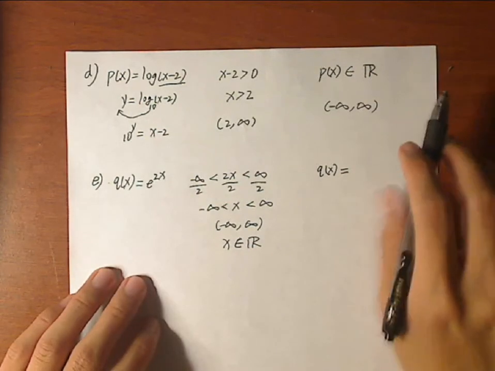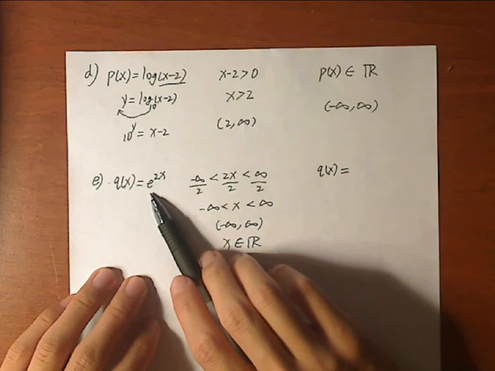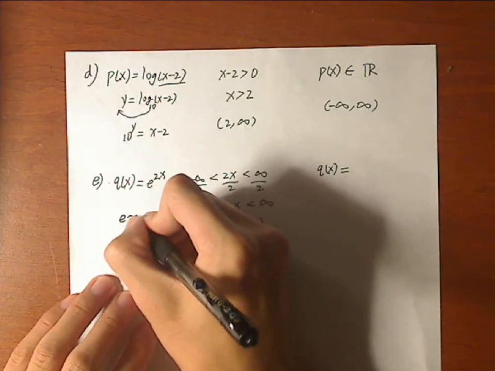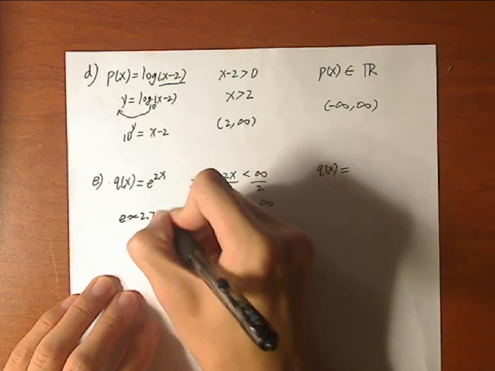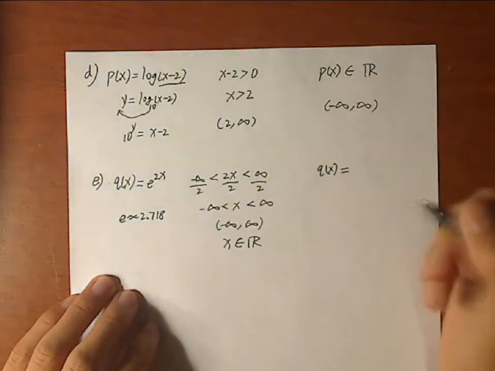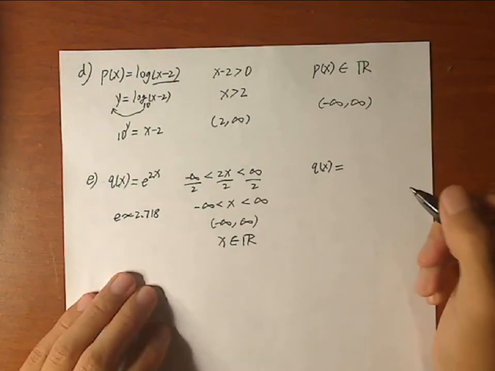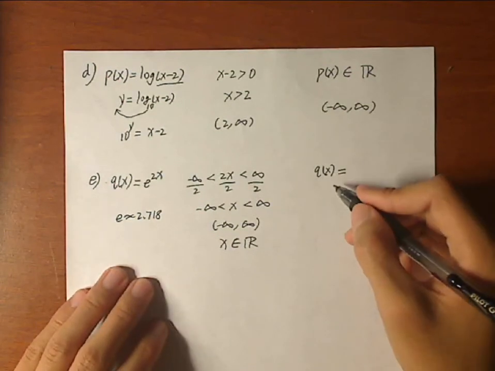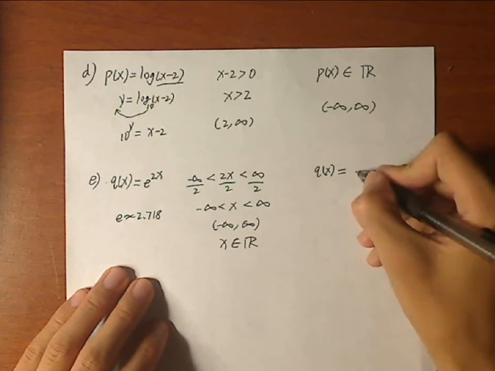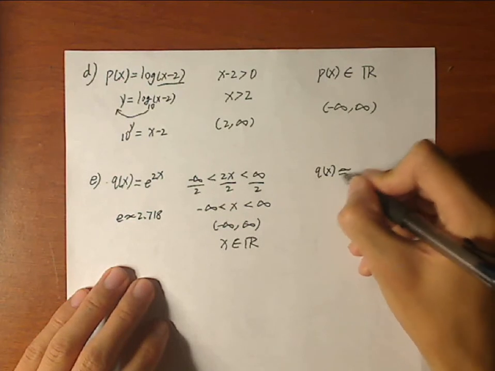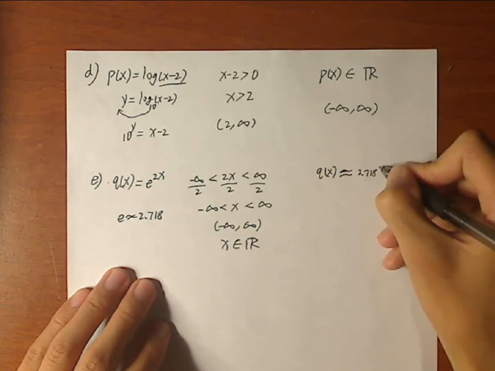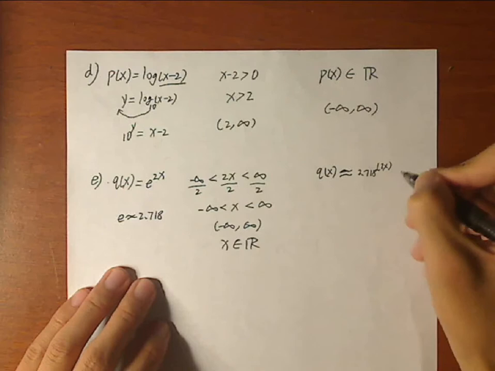How much is e? e is approximately 2.718 and so on. So this is approximately 2.718 to some power.